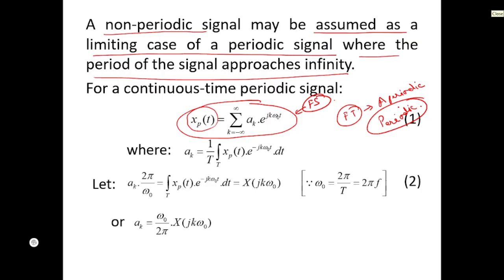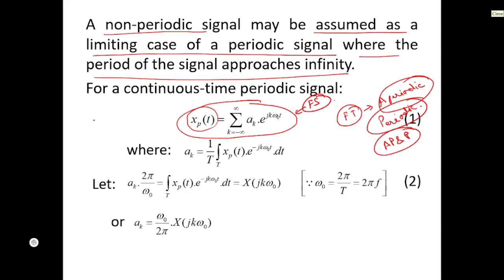Or can we use it for both aperiodic and periodic signals? Which one is true? Periodic and aperiodic, because we are assuming that the non-periodic signals are periodic signals with the time period tending to infinity.